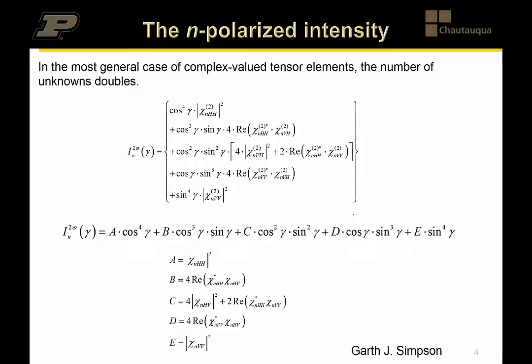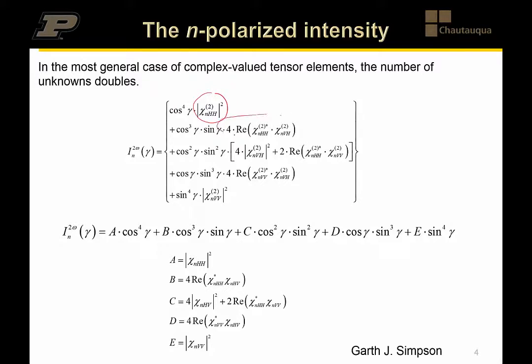All right, so how do we pull it out experimentally? Actually, before I get there, let's just ask what happens if we do have complex valued tensor elements, because it'll turn out to be useful later on. And it's just a slight deviation. Instead of having this be squared, it's the squared magnitude.